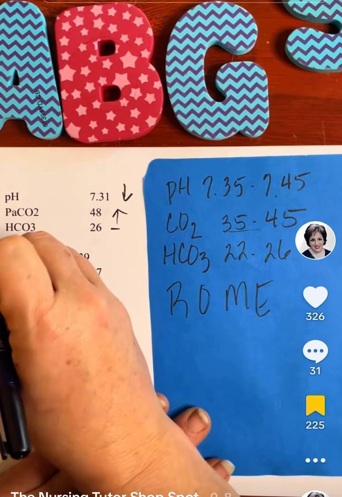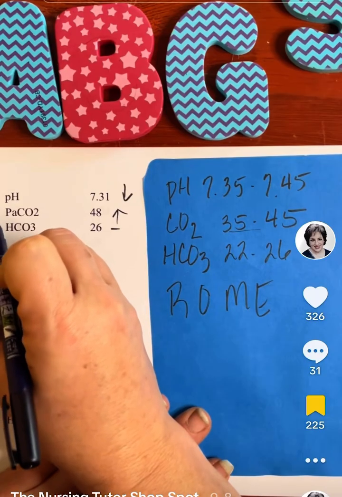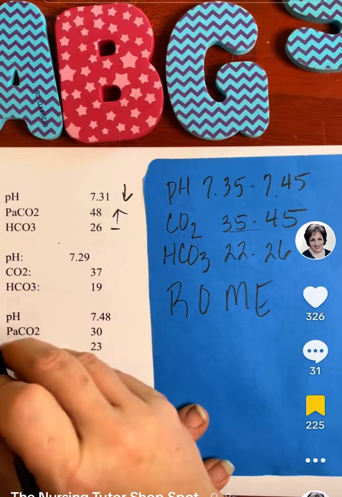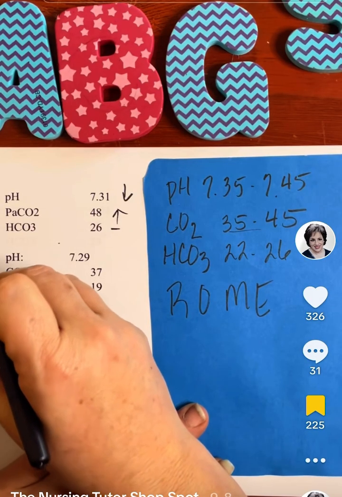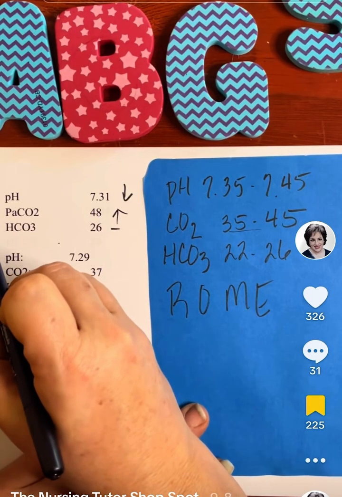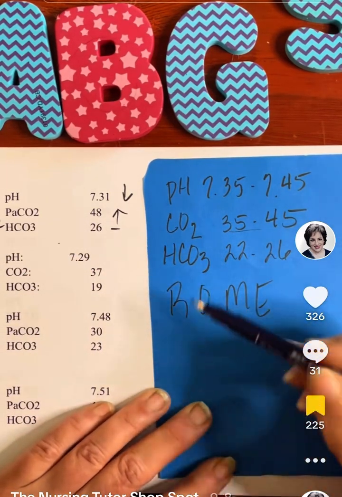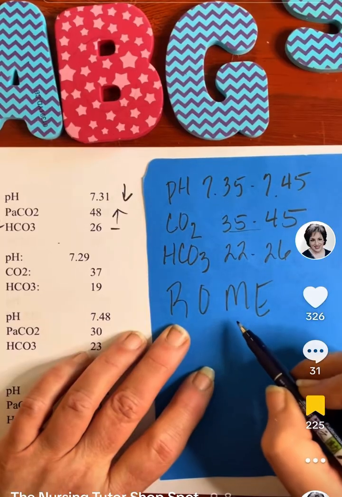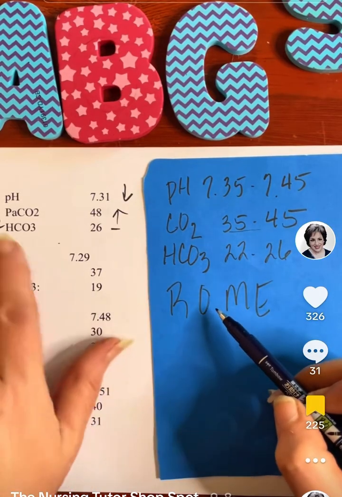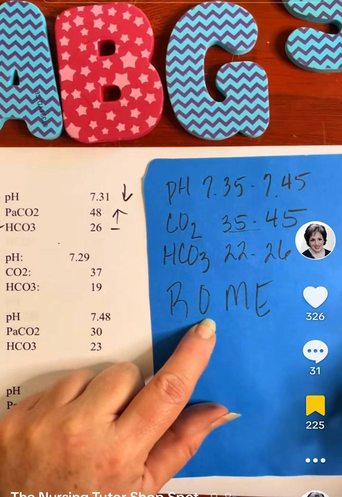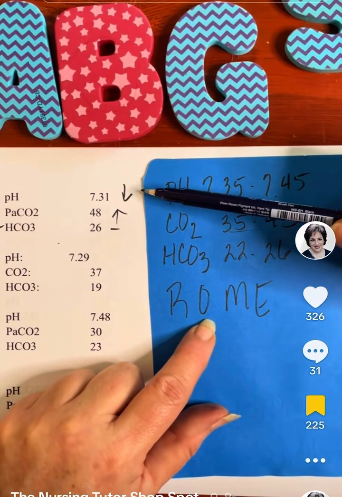So PCO2 would be the respiratory part of it, and bicarb, which is kidneys, we call that metabolic. Metabolic, okay? For the problem to be originating in the lungs, the CO2 has to be going opposite. Opposite of what? Opposite the pH.